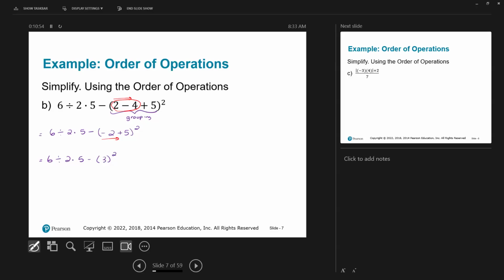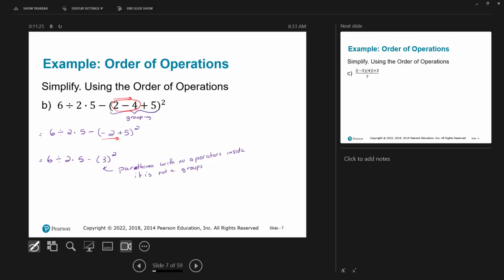So this parenthesis is not dealing with operators. Okay, I know I spelled parenthesis wrong. I don't know what I messed up. When you have parentheses and no operators inside, it is not a grouping. So groupings have to have operators.